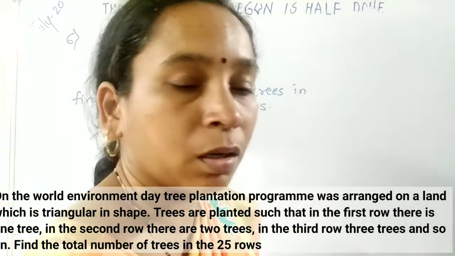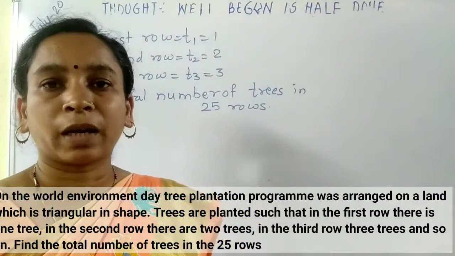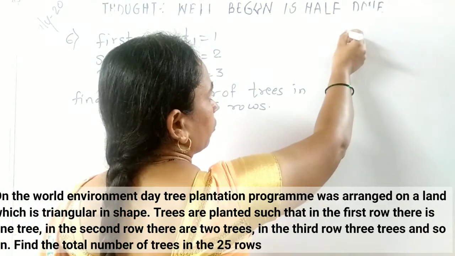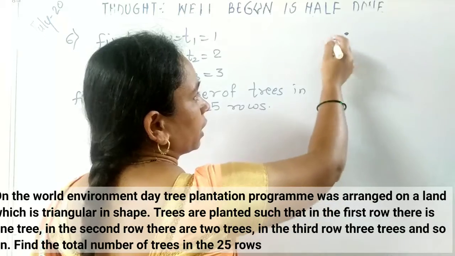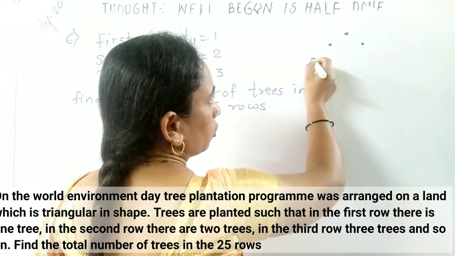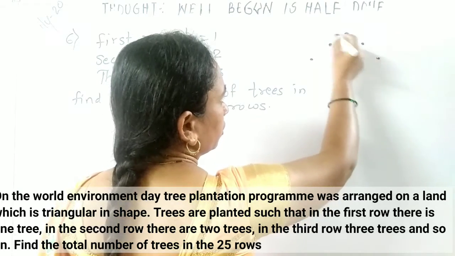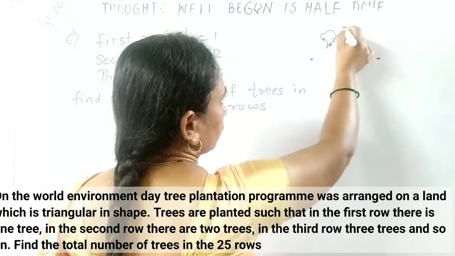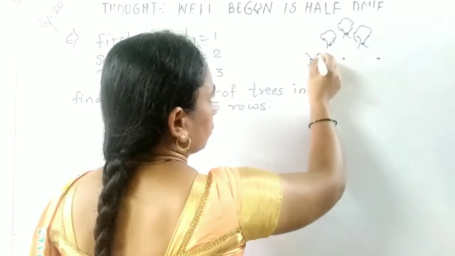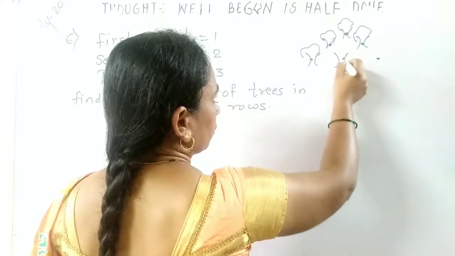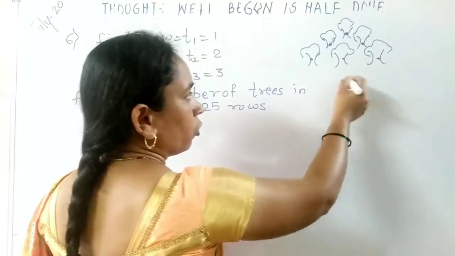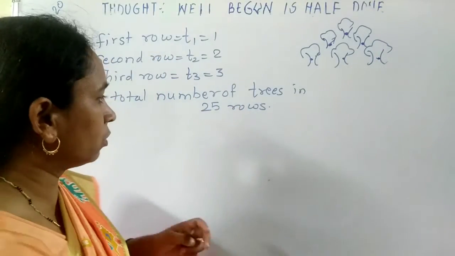Means the trees are planted in triangular land. Suppose they have planted one tree over here, in the second row they have planted 2 trees, in the third row 3 trees, in the fourth row 4 trees.